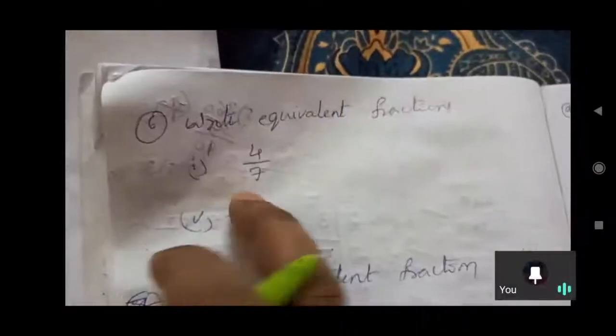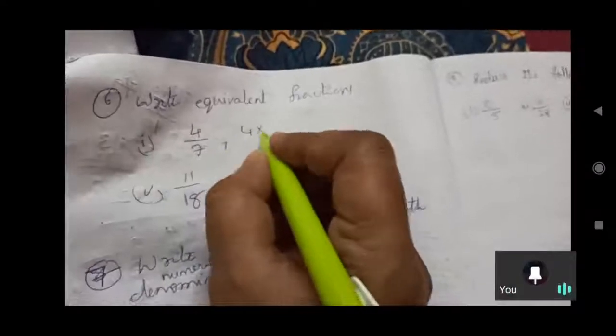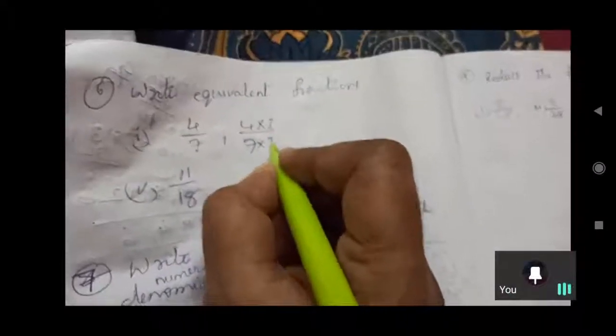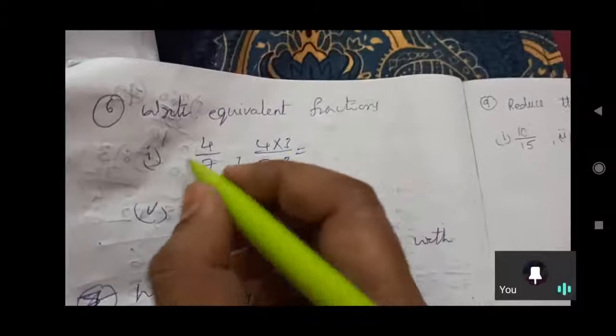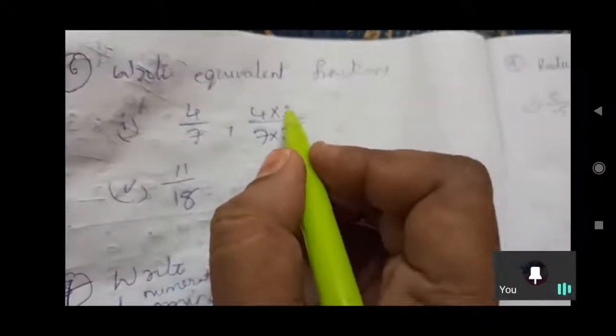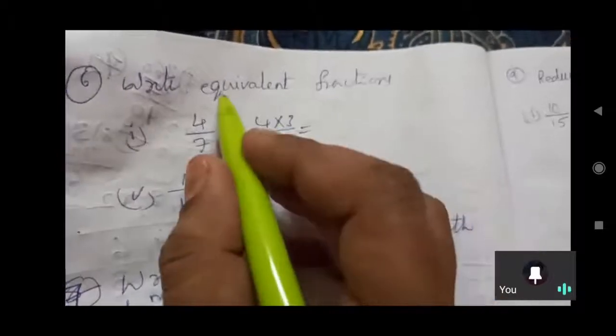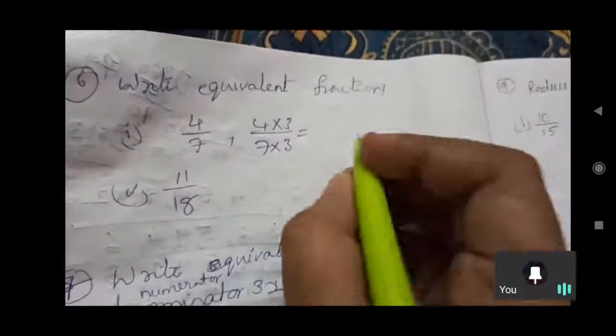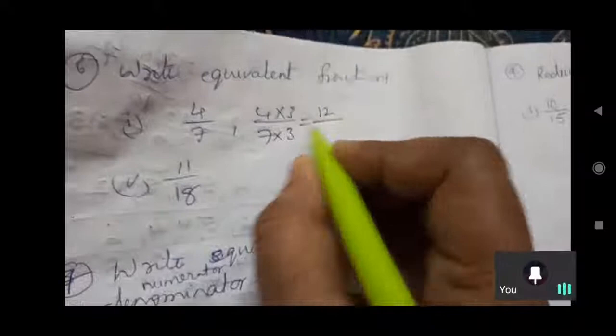Now write equivalent fractions of the following. Equivalent fractions means you can multiply the numerator and denominator by the same number. For example, for 3 by 7 we can multiply both numerator and denominator by 3. 3 4s are 12 and 3 7s are 21.